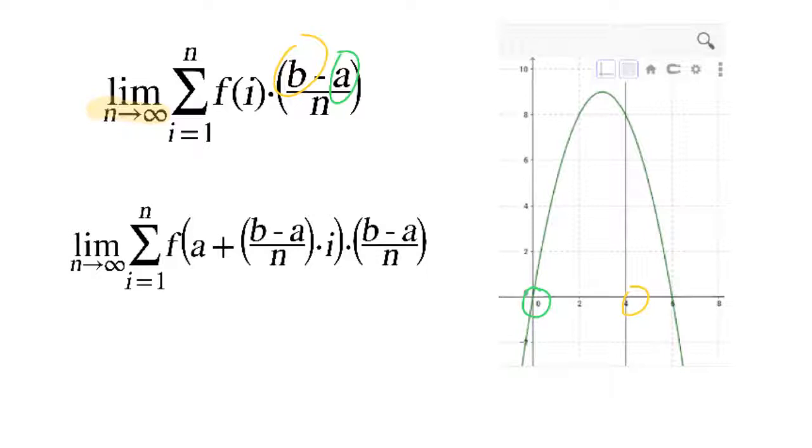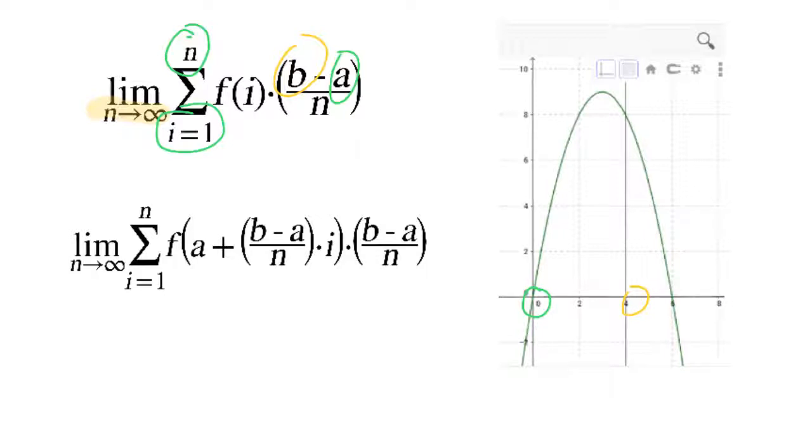I is which rectangle? So I equals 1 is the first rectangle. I equals 2 would be the second rectangle. I equals 3 would be the third rectangle, and so on, all the way up to the infinite numbered rectangle. Clear as mud yet? It gets better.